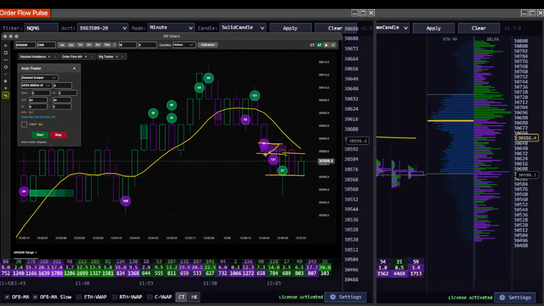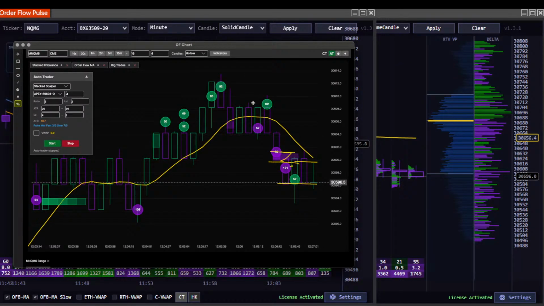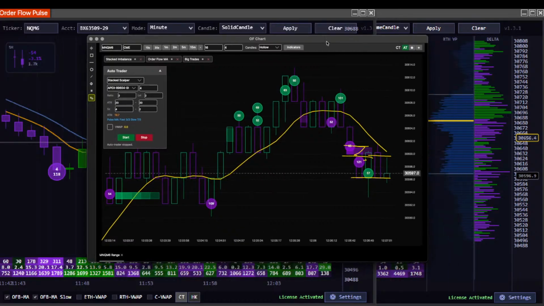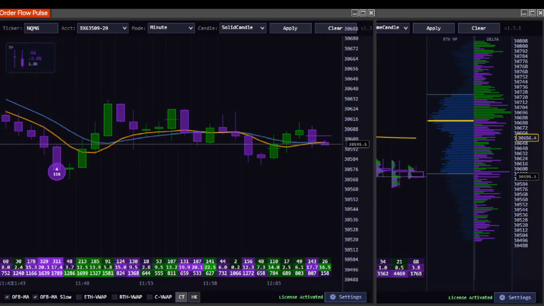Actually, instead of a break even, it's going to be a break even plus 1 or plus 2 ticks. Break even plus 2 ticks, to cover commissions and slippage. Even more. But yeah, that's just the way it is.